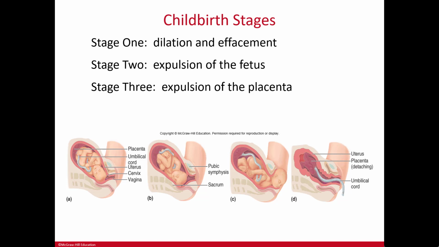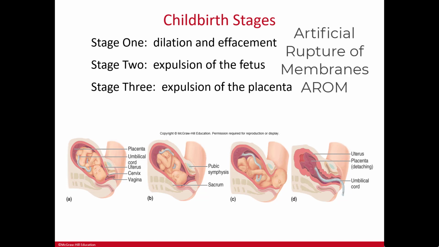If this doesn't happen on its own, the healthcare provider can rupture the membranes because the amniotic fluid needs to be released. If the healthcare provider has to do this, it's called an artificial rupture of membranes, which is abbreviated AROM, and that's not in your book, but you may see that in practice.